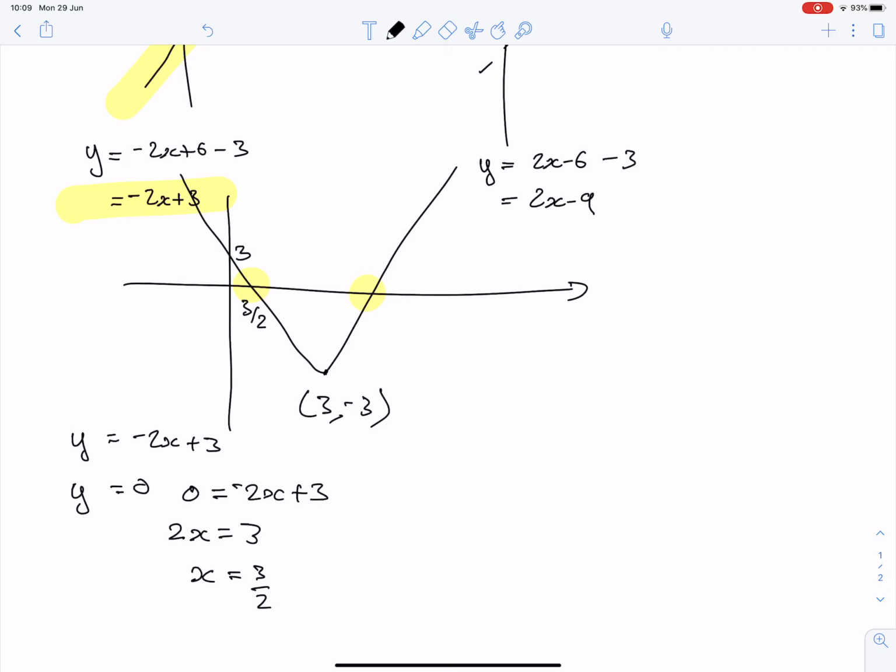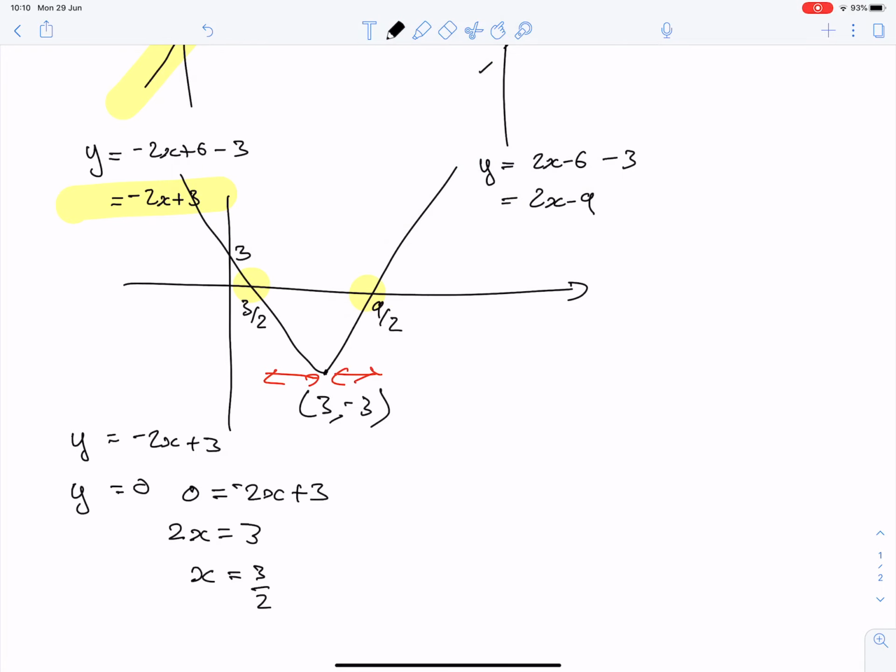And by symmetry, we should be able to do this one fairly quickly because these distances here will be the same because the gradient is the same. All right, so my instinct tells me that will be 3 plus 3 over 2. That will give us 9 over 2 for that point.